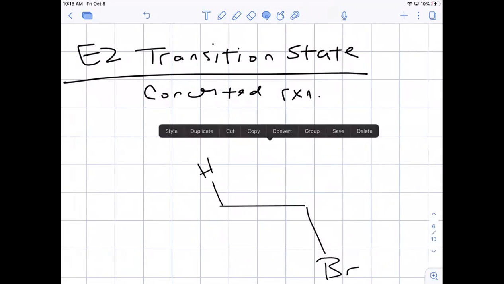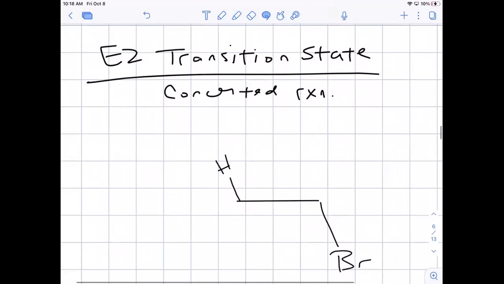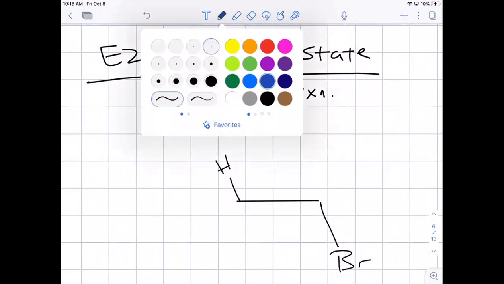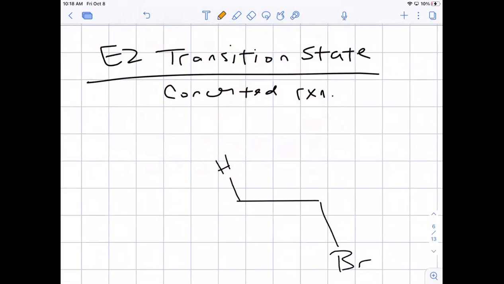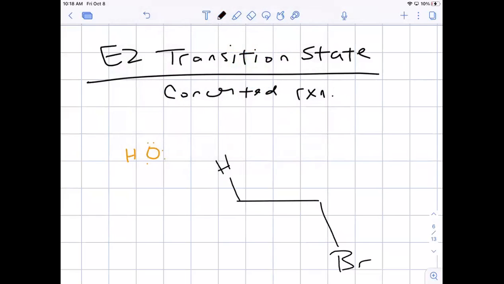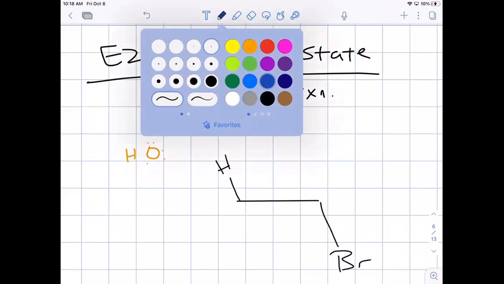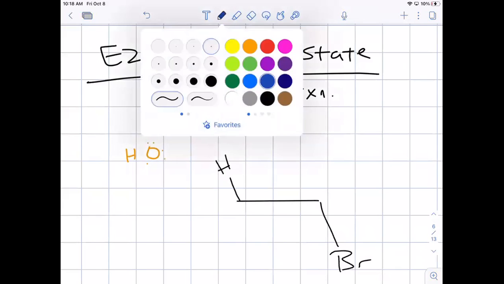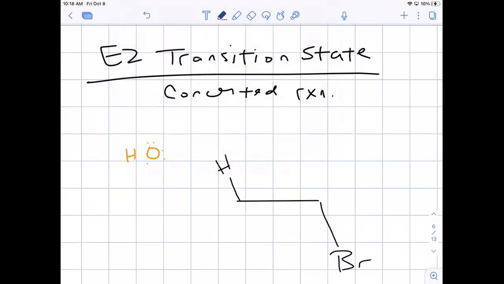So my base is going to come in. I'll just keep using OH. And it's going to donate a pair of electrons here to do proton transfer.